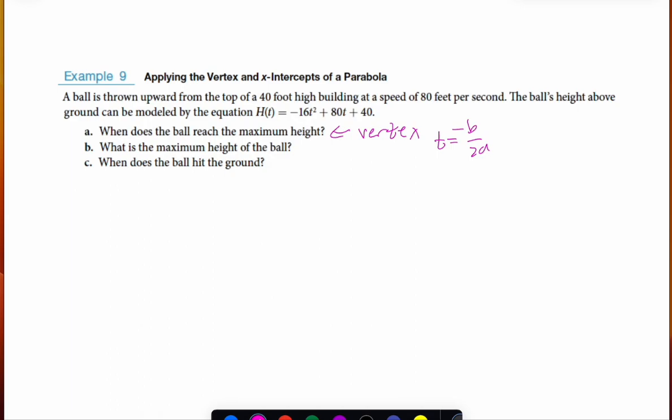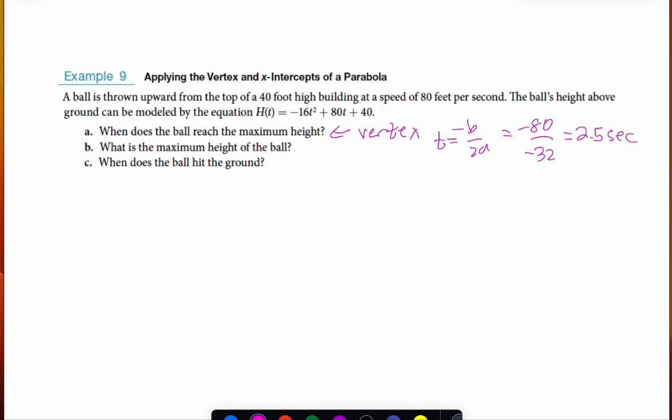That's going to be negative 80 over negative 32. Now 80 divided by 32 is 2.5. So at 2.5 seconds, we are going to be at the top, the peak of our parabola, the peak of our ball throwing that ball up in the air.